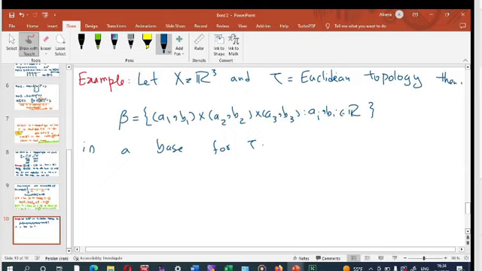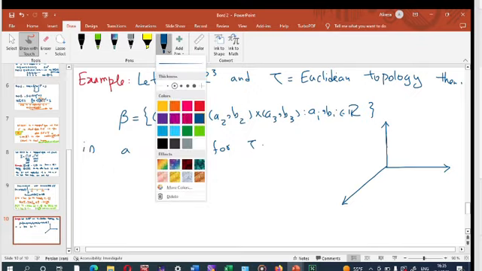And we know that for example, in this space, we can consider these open balls.